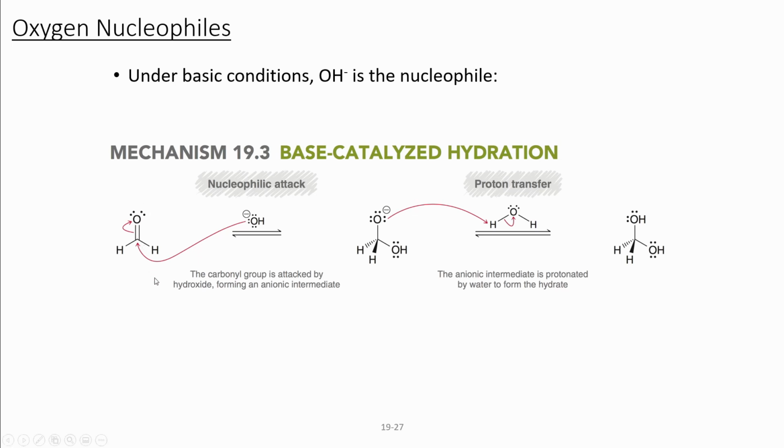So the carbonyl group is going to be in base catalyzed hydration, where we have an OH-. The carbonyl group is going to be attacked by the hydroxide, and that will form this anionic intermediate. So the first step, nucleophilic attack, and then a proton transfer will liberate our hydrate. So in basic conditions, we can form this hydrate.